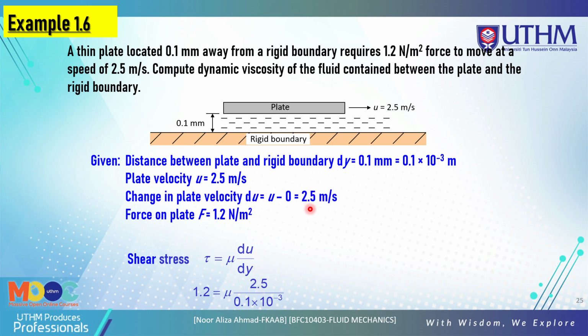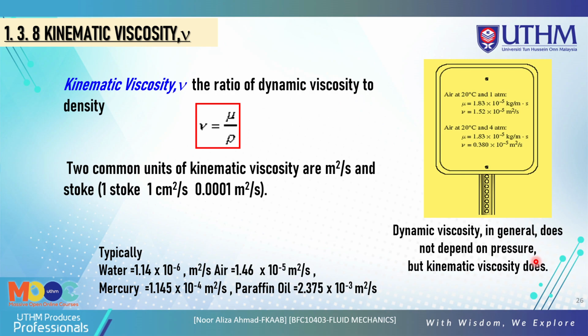Here du is 2.5 and dy is 0.1 times 10 to the power of negative 3 meter. So we get the dynamic viscosity as 4.8 times 10 to the power of negative 5 Newton second per meter squared. That's the calculation.